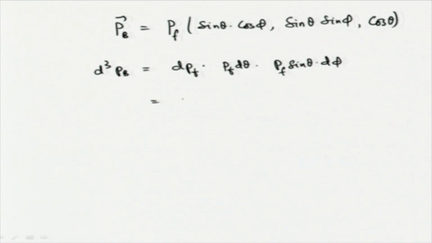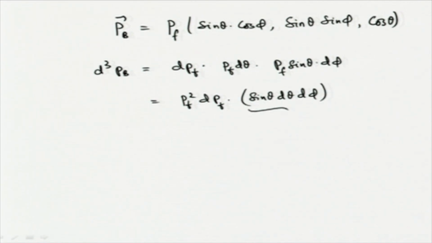Here we have P F square d P F sin theta d theta d phi, and this is what you recognize as the solid angle, or differential solid angle. So, this will give you d q equal to 1 over 4 pi square.